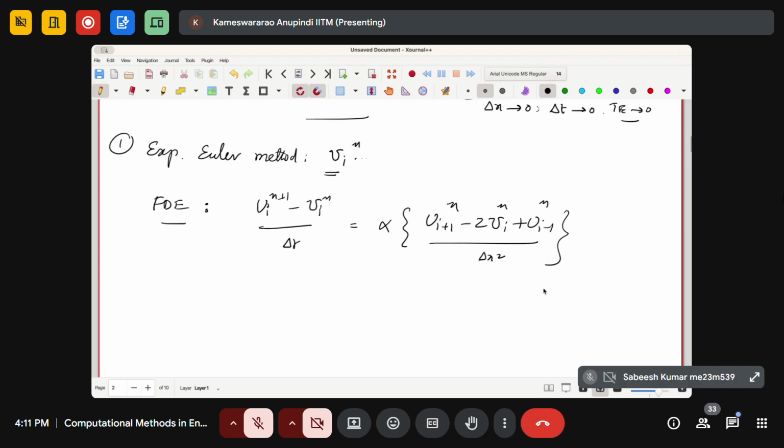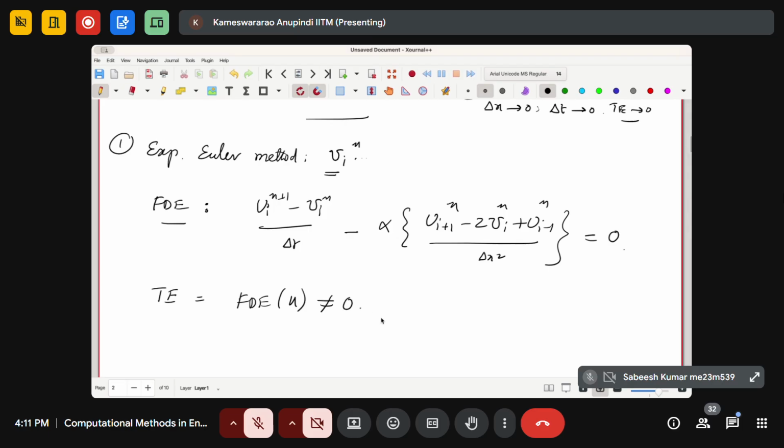Now, to calculate the truncation error, I need to write this finite difference equation and substitute the exact analytical solution in there. That means I want to rewrite this FDE with little u instead of capital U. If I bring this equation to one side, it is equal to 0. But the moment I put little u into the FDE, this is not equal to 0.